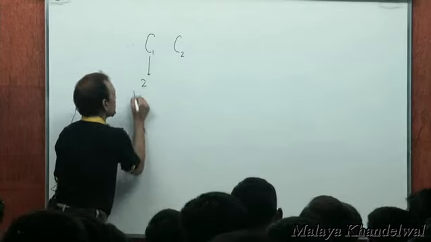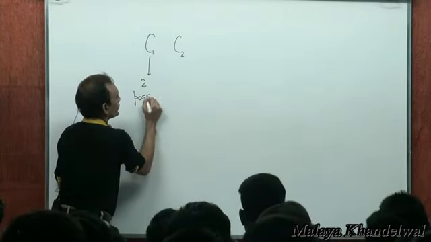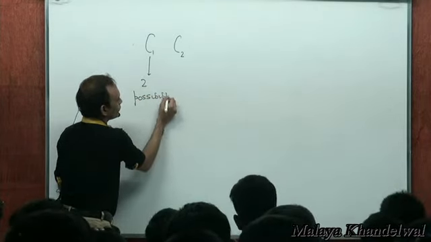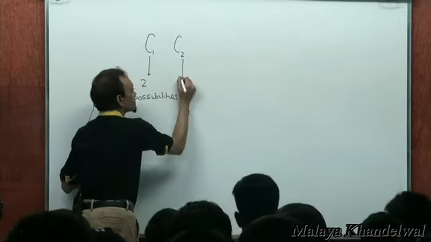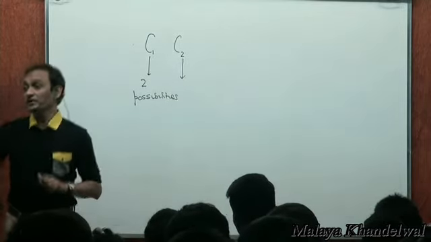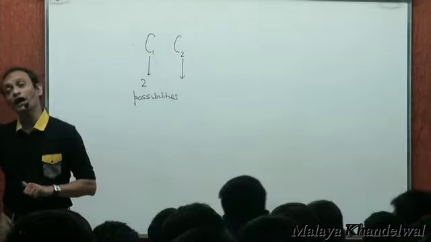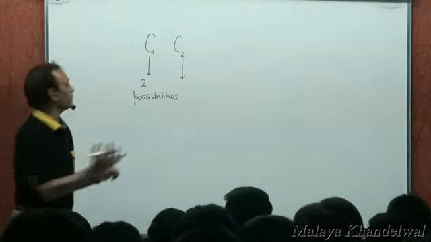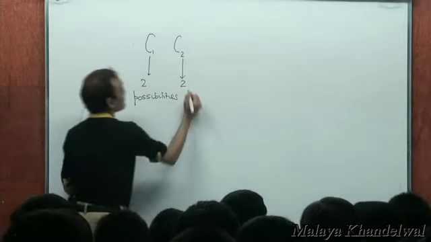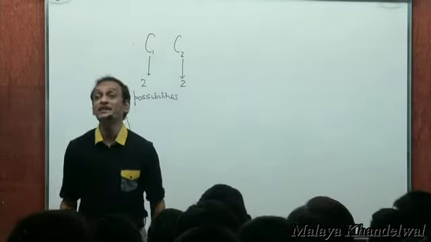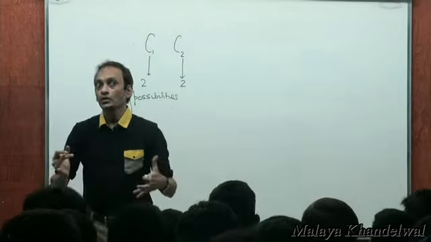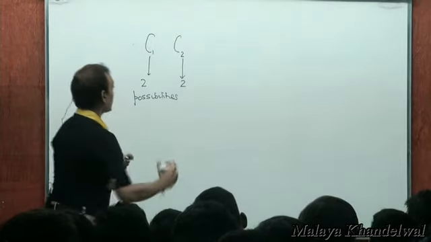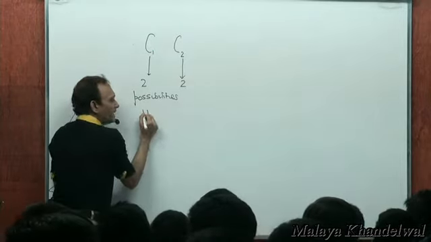So 2 possibilities. When I flipped C2, then there were again 2 possibilities. It would either create a head or it would create a tail. So 2 possibilities.